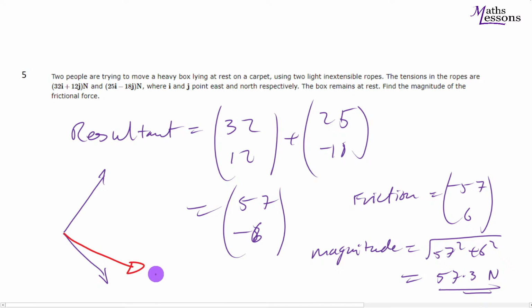So that would be our resultant force that we would replace them with. And if it's lying at rest, then friction must be in the opposite direction. Yeah, it must be equal and opposite to that resultant. So the actual friction would be minus 57, 6 newtons, and then you can find the magnitude by squaring these numbers together. Any questions?